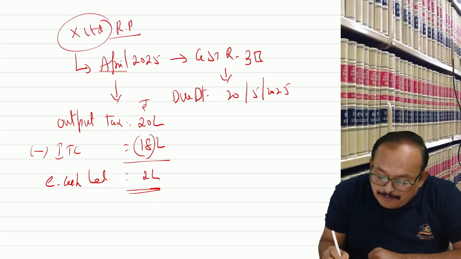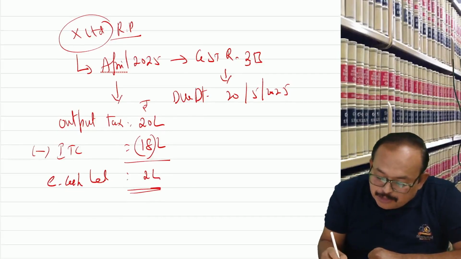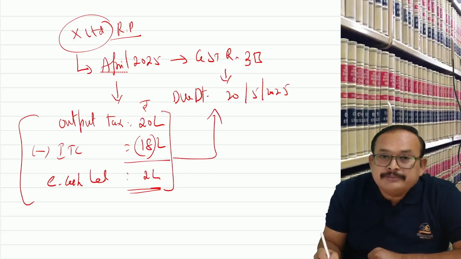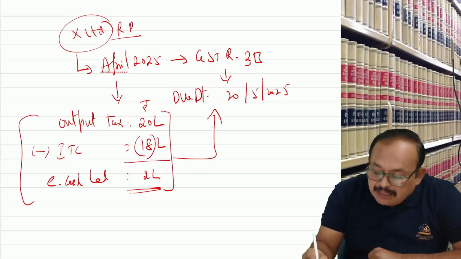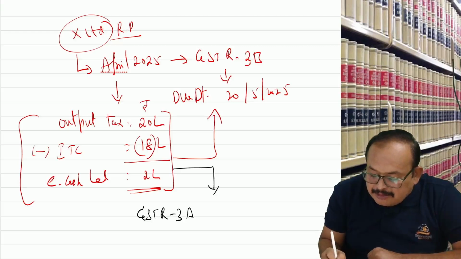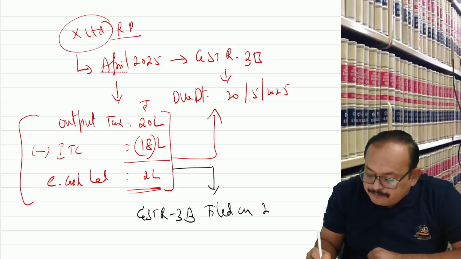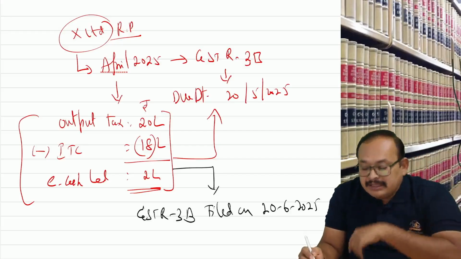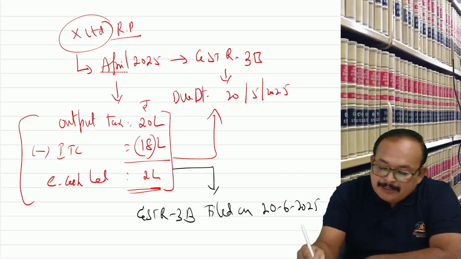This data was supposed to be filed by the due date. But what happened here? GSTR 3B was filed on 20th June 2025. Delay happened.